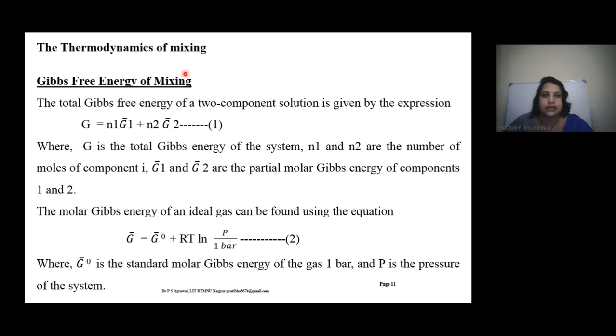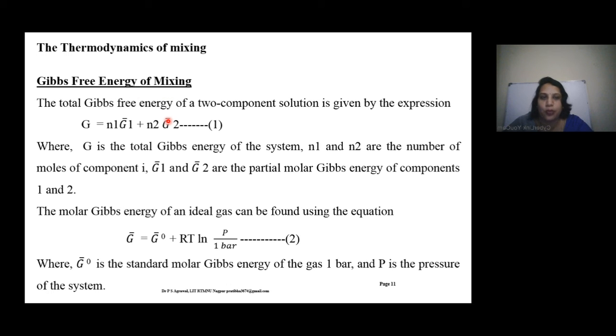Most real gases behave like ideal gases at standard temperature and pressure. This allows us to combine our knowledge of ideal systems and solutions with the standard set of thermodynamics to reach a set of equations which can be useful. So we will see, when we mix the solutions, the changes in the thermodynamic parameters G, H, S, V. So this is the Gibbs free energy of mixing.